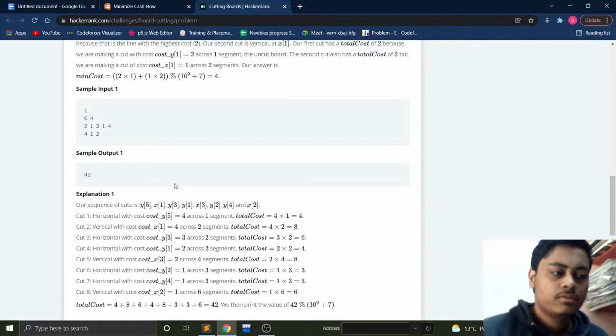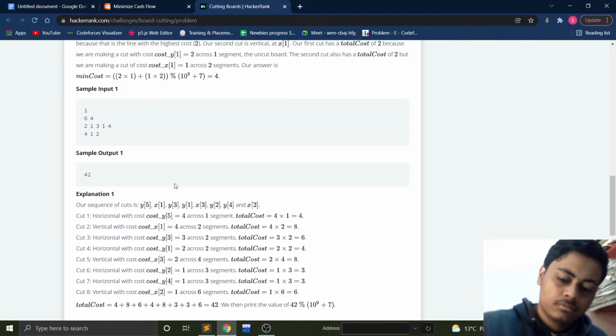Our sequence of cuts is y5. Then y3. Then y1.